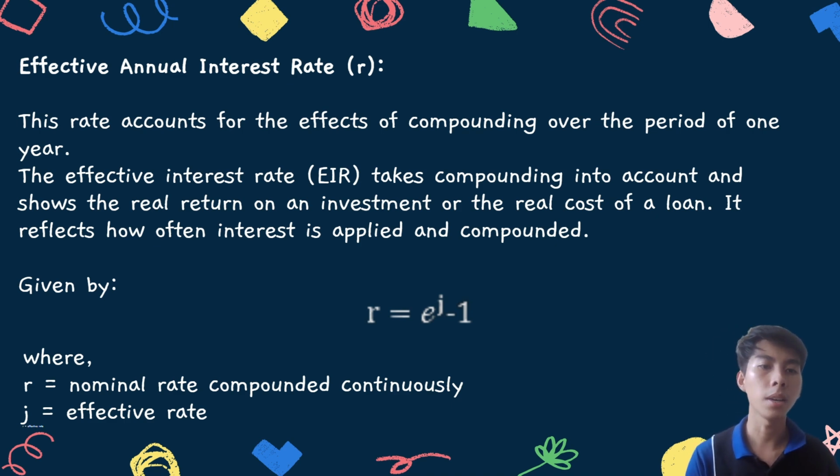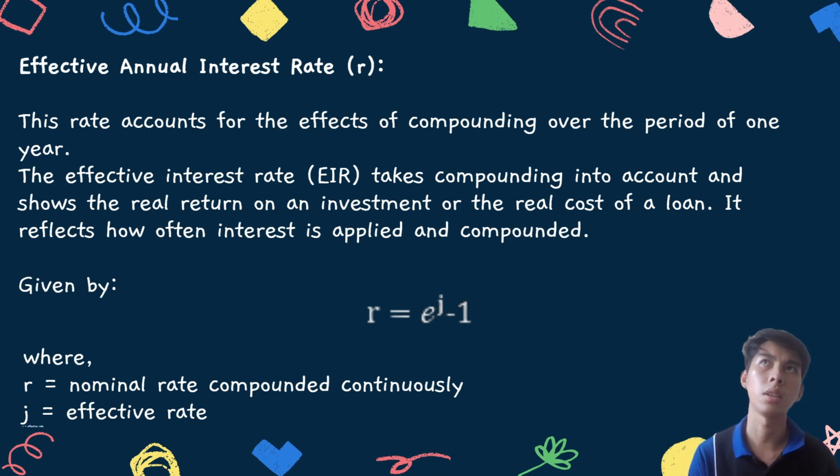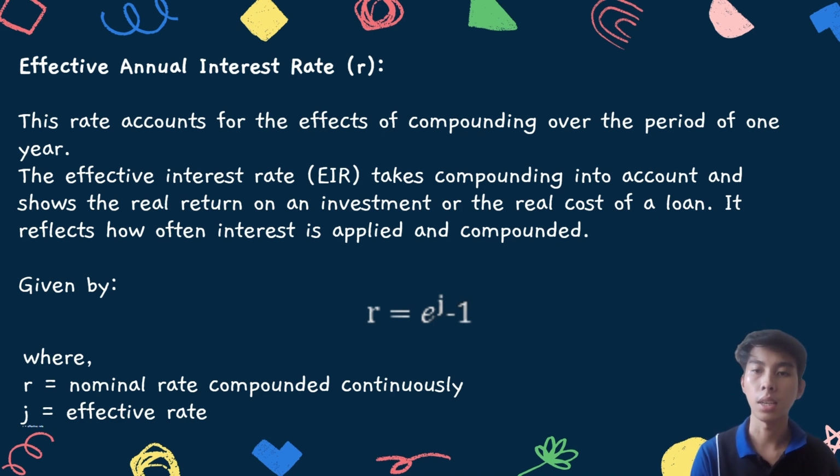Given by the formula R equals E raised to J minus 1, where E is a constant, just like pi, R is the effective rate and J is the nominal rate compounded continuously.